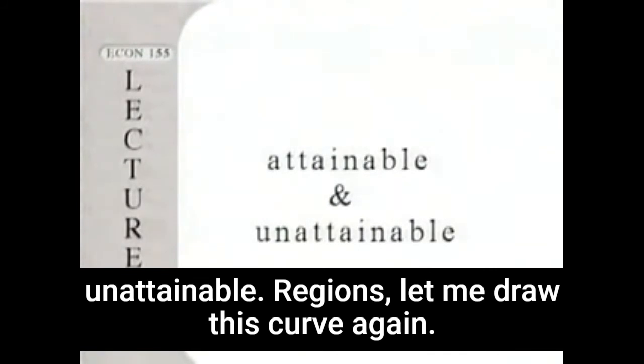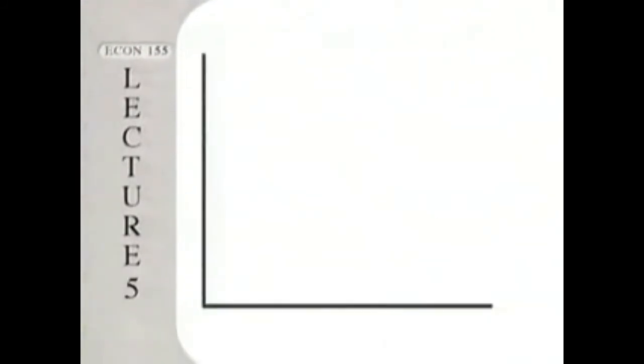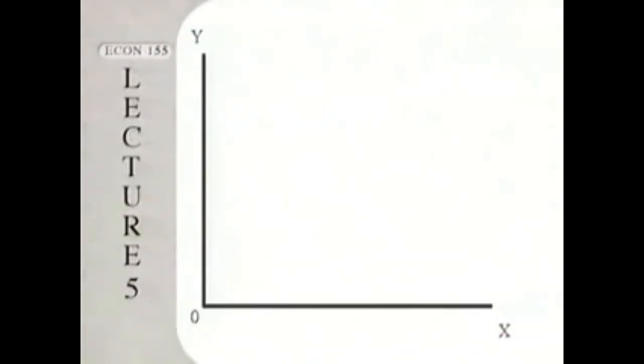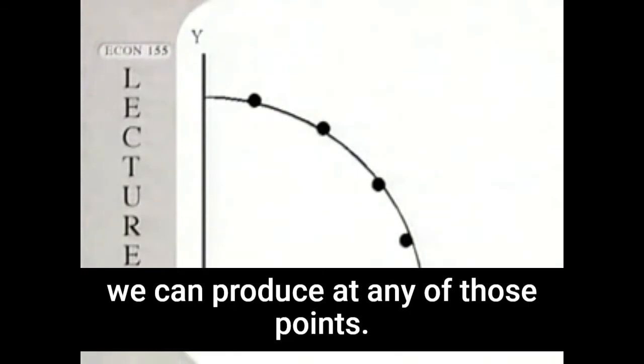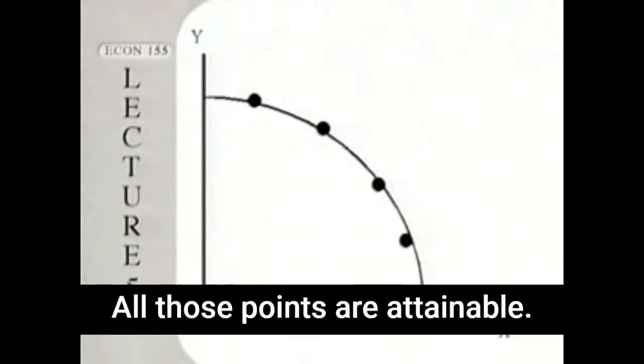Let me draw this curve again. What's attainable? What's unattainable? Here's what is attainable. With the resources and technology available, we can produce at any point along the Production Possibilities frontier. We can produce at any of those points. All of those points are attainable.